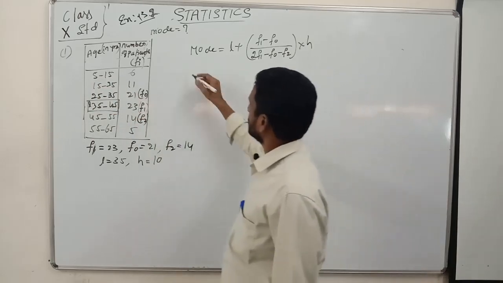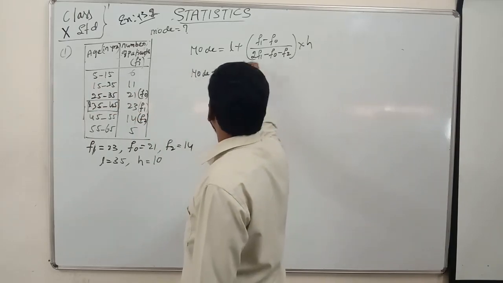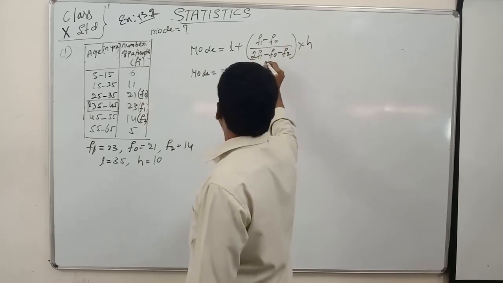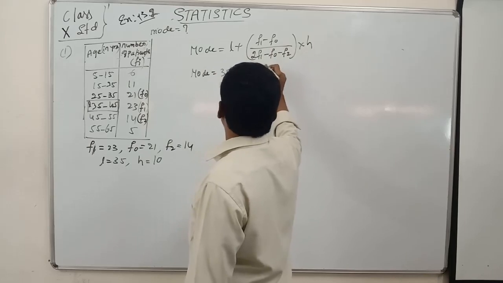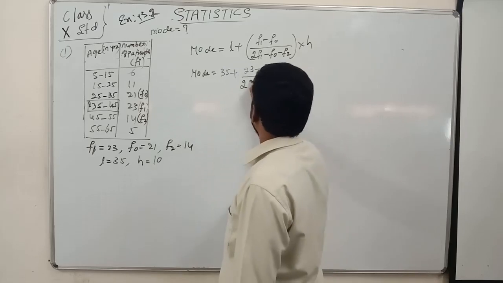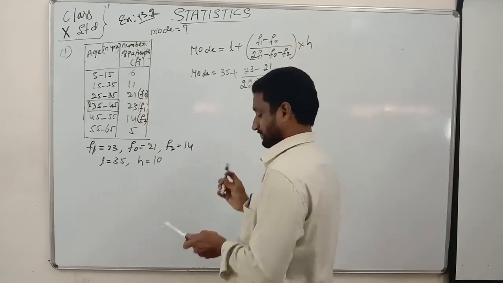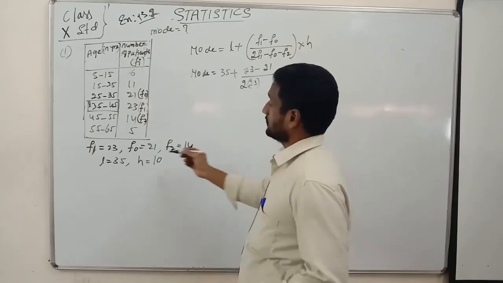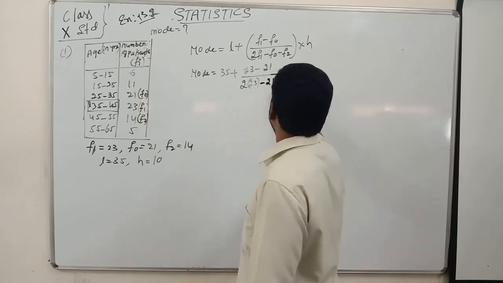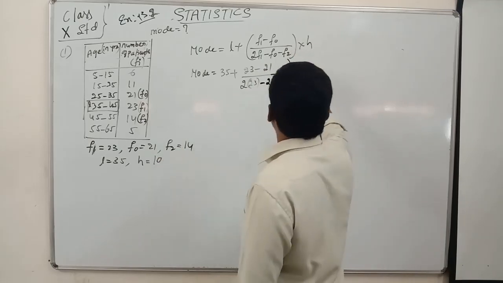Substitute all the values here. Mode is equal to L value 35, plus (f1 value 23 minus f0, that is 21), divided by (2 times f1 value 23, minus f0 value 21, minus f2 value 14), bracket close, into h value, the class size or width, that is 10.